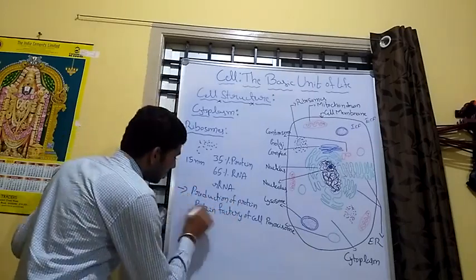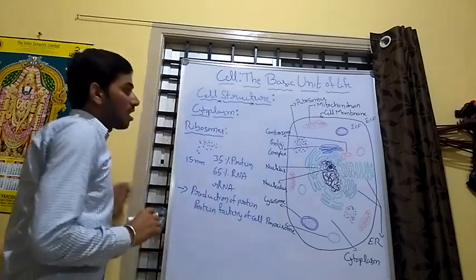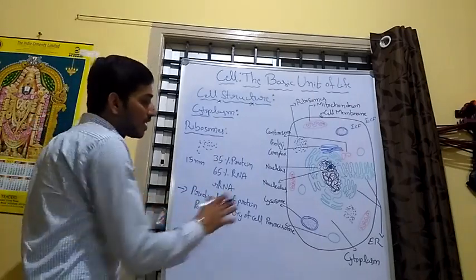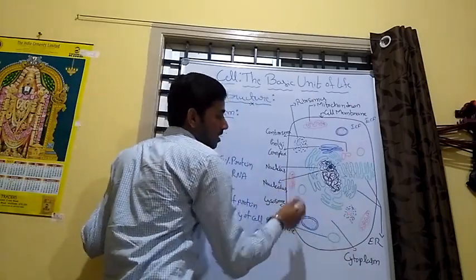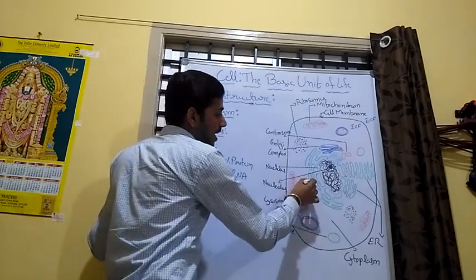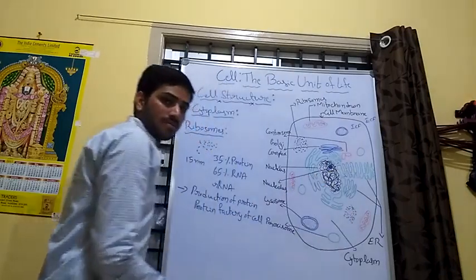Ribosomes are of two types: freely moving ribosomes in the cytoplasm, and ribosomes attached to the endoplasmic reticulum.